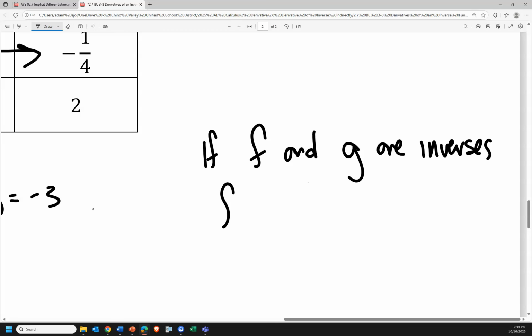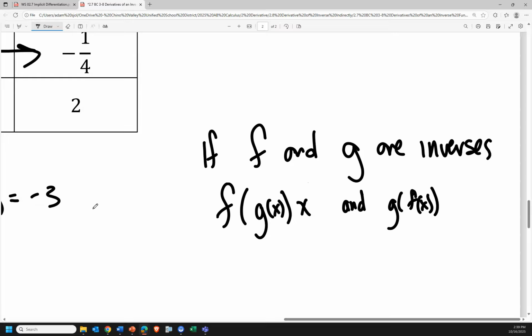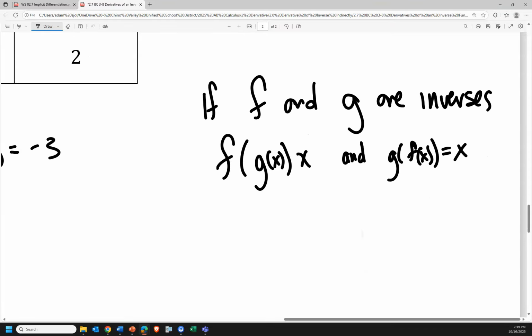If f and g are inverses, then f of g of x must equal x, and g of f of x also equals x. And I think that makes a ton of sense, because this says put an x value into g, take that y value, put it into f, and you'll get the x value you started with. Same thing on the other side, in reverse order.